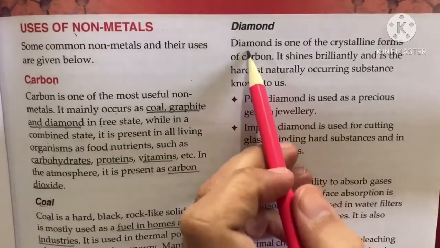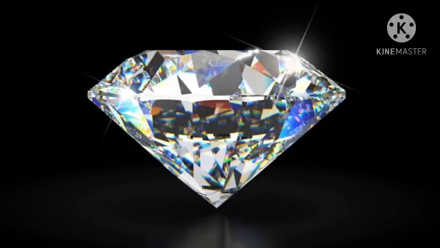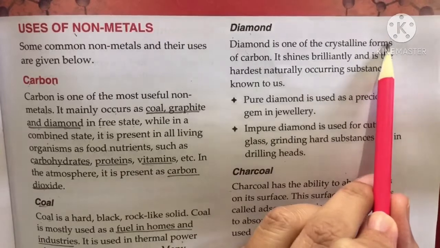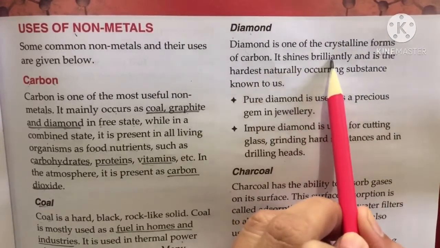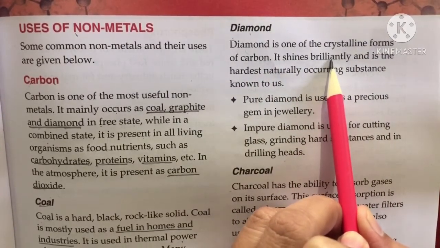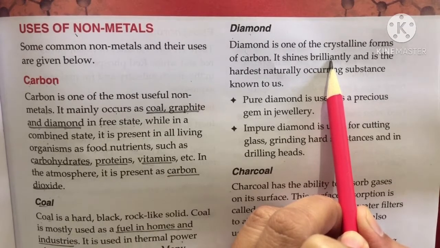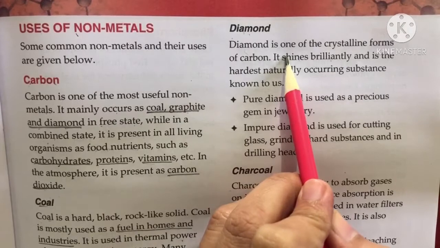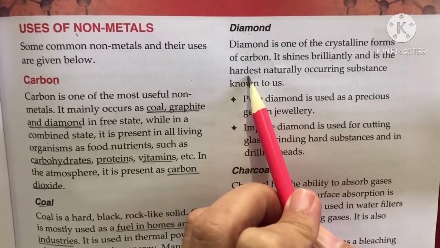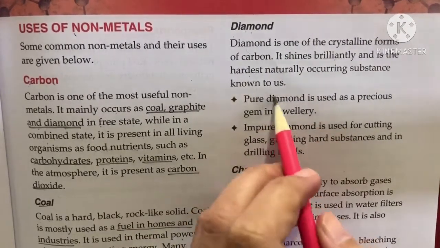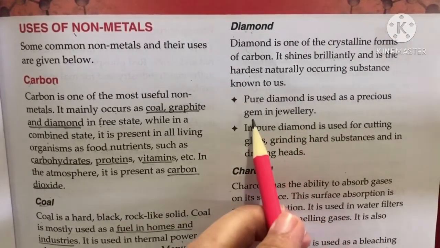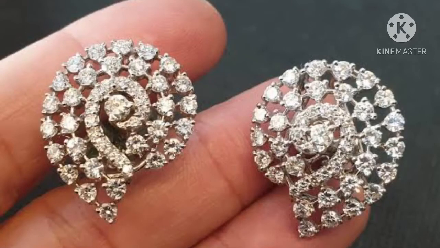Next one is diamond. Diamond is another form of carbon. It is present in crystalline form. It shines brilliantly. You know that non-metals are non-shiny, but diamond is a shiny substance and it is the hardest substance. Pure diamond is used as a precious gem in jewelry.